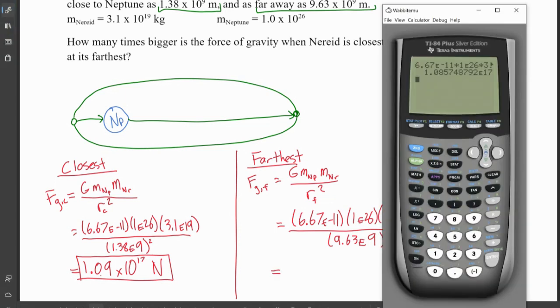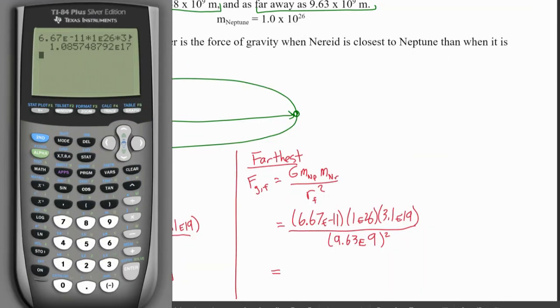Okay, so if we plug this in with our calculator, I'm just going to hit second, enter. This gives us the previous entry, because I don't want to retype the whole thing if I don't have to.